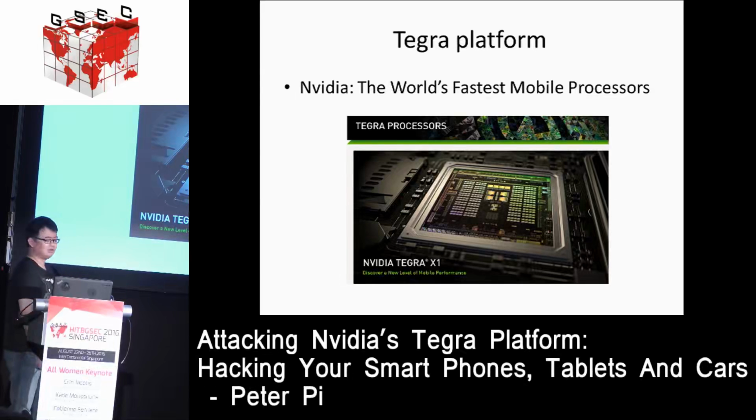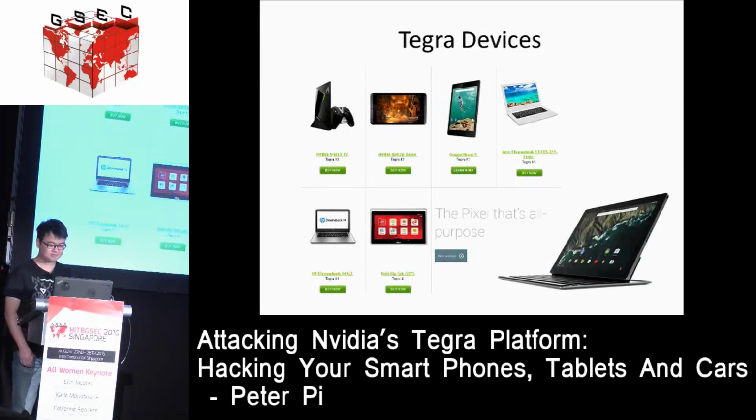Tegra is a system-on-a-chip series developed by NVIDIA for mobile devices. NVIDIA announced that Tegra platforms are the world's fastest mobile processors. There are many smart devices using Tegra platform, like Google Nexus 9, Google Pixel 3, and Chromebooks.